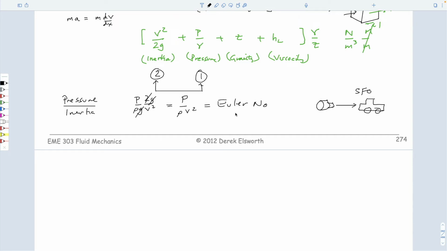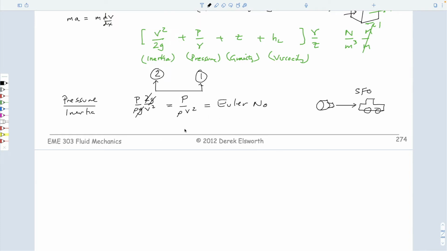So an Euler number might be useful for us to calculate the pressures that are applied on a structure. When we looked at those figures earlier of wings and airfoils in wind tunnels, if we provide the right flow regime and measure the lift force or the drag force applied, that would be a kind of Euler number.